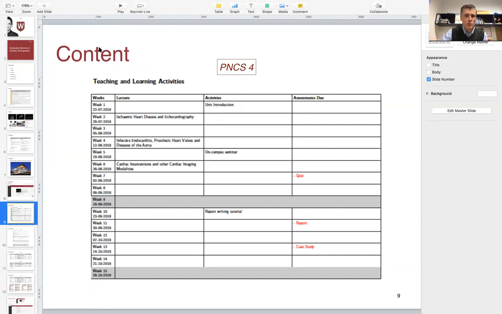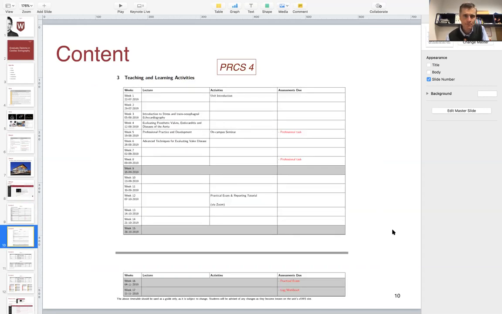There'll be another Zoom tutorial in week 10, and we're going to be talking there about the research report and the case study, just making sure that you guys are very mindful of what we'll be focusing on there. The idea is really to improve things from last semester. A number of the case studies were particularly good, but I'm hoping to improve things even further for everyone. So that's what Principles of Cardiac Sonography 4 looks like. Again, go to the learning guide to see it a little bit more clearly.